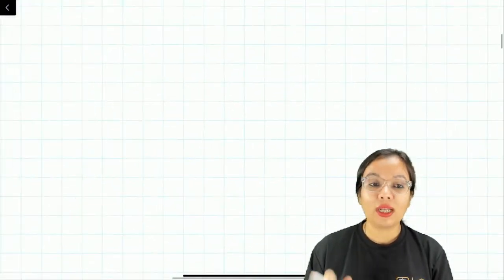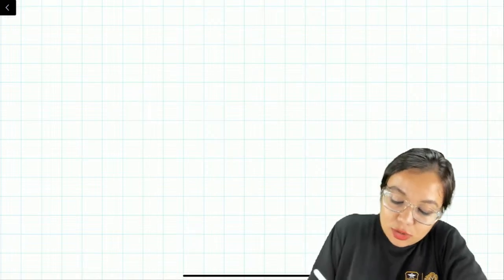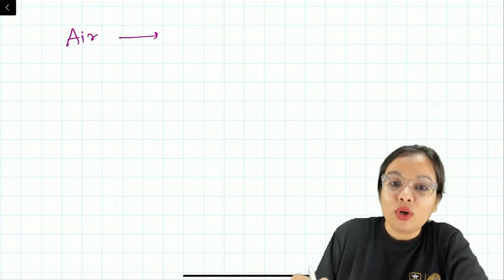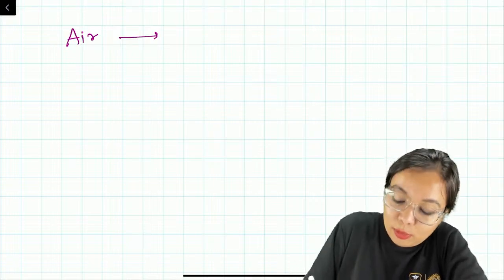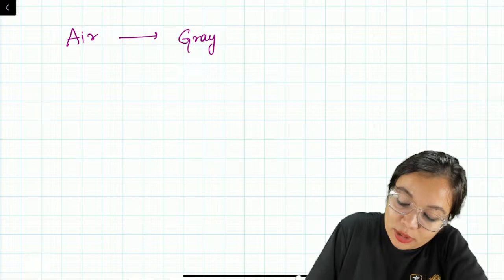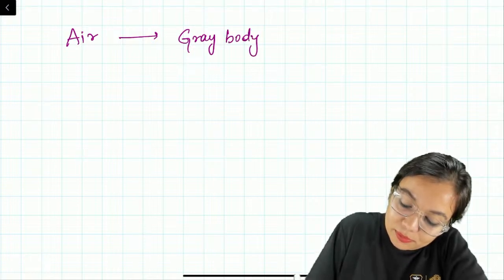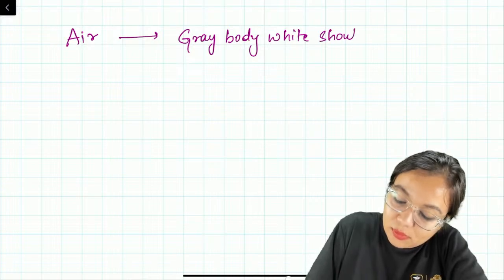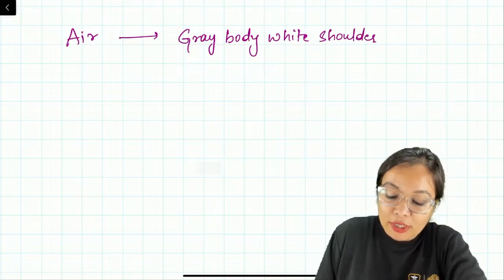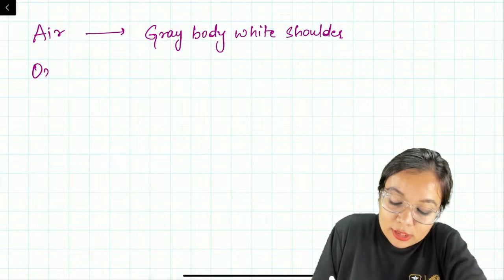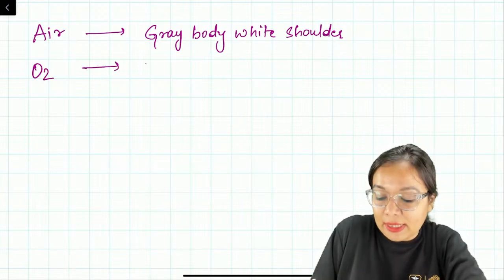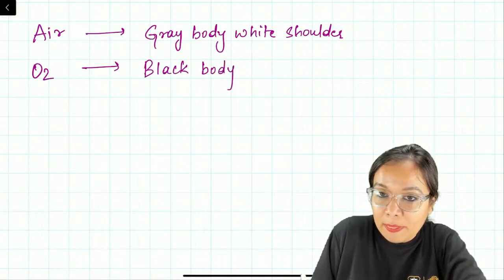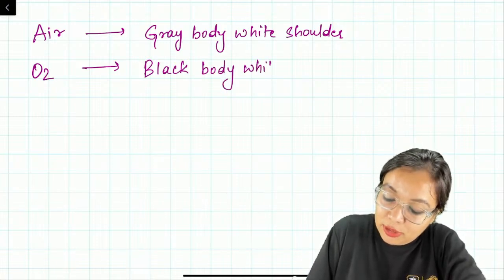If there is air in a cylinder, the color code is going to be a grey body with a white shoulder. Oxygen is contained in a cylinder that is black in color, so it has a black body and white shoulder.